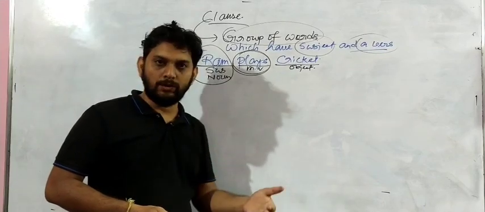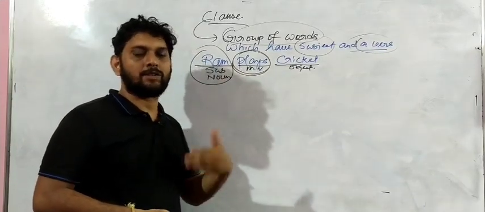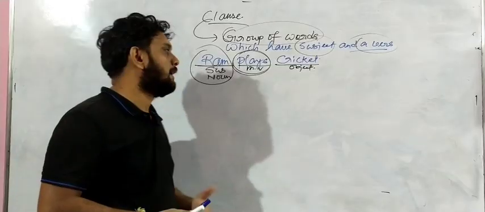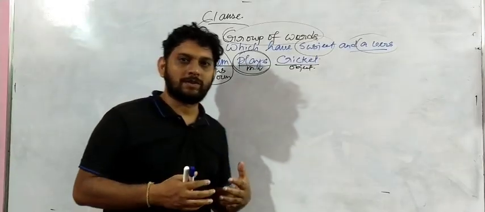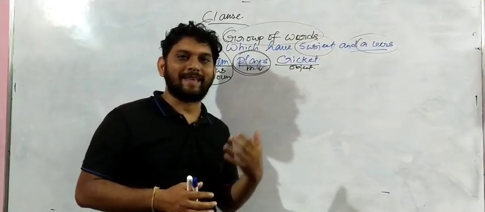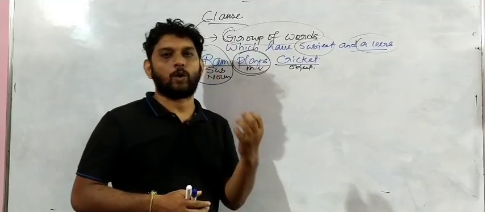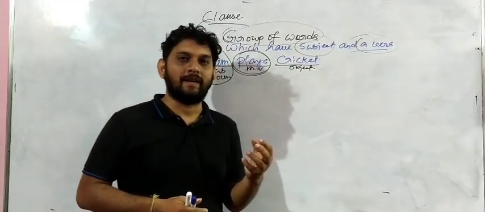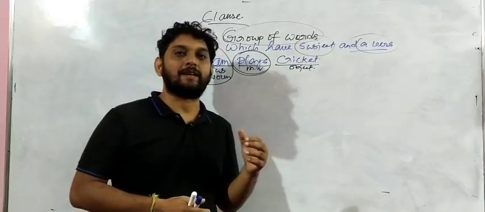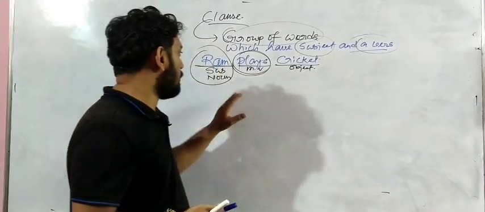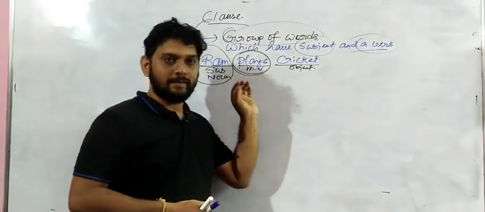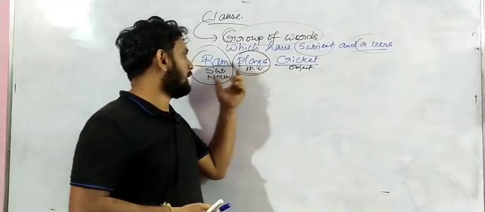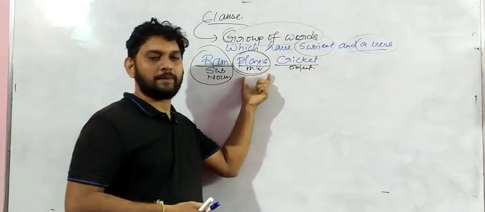And always remember, a clause can stand alone. Also, a clause can't stand alone. What does it mean? That means a clause does not always express its meaning on its own. But this clause Ram plays cricket, have you seen subject and verb? Yes or no?